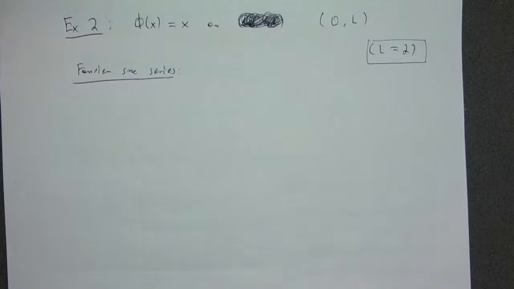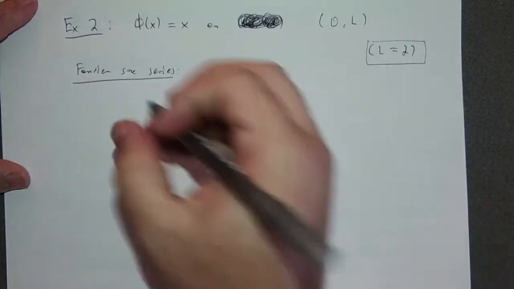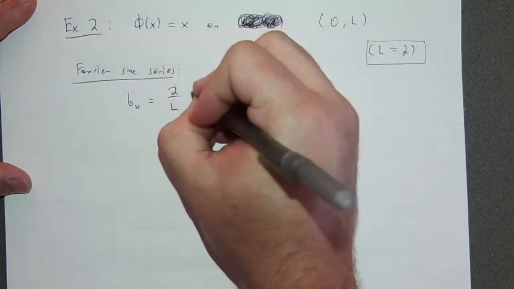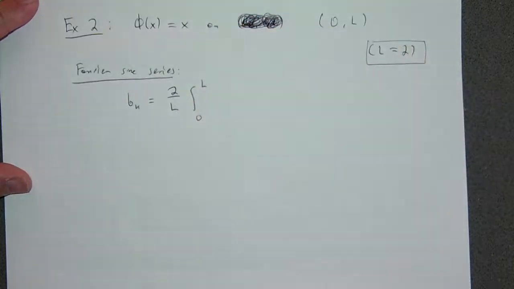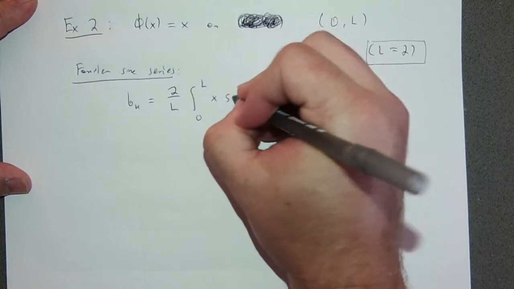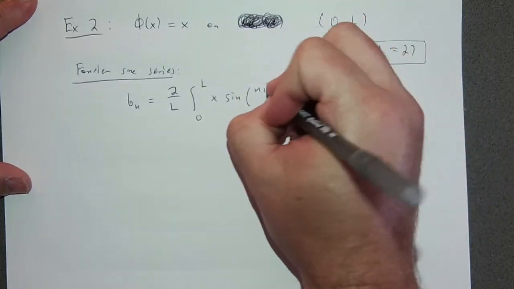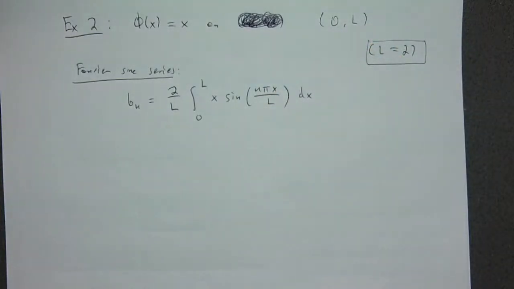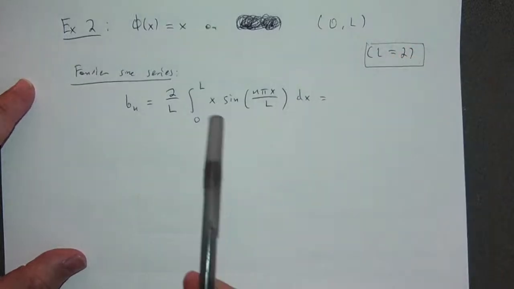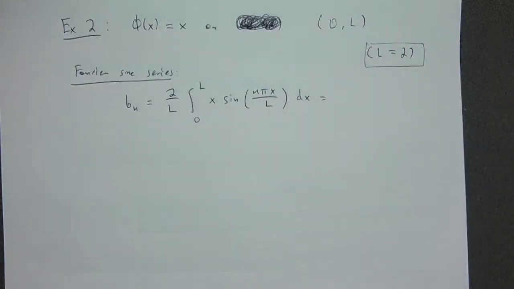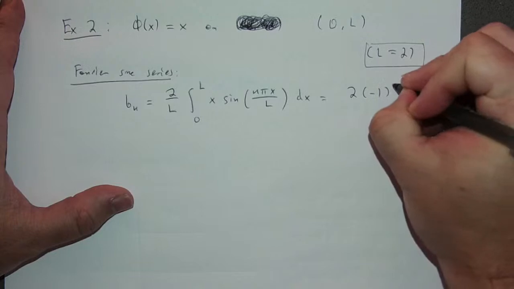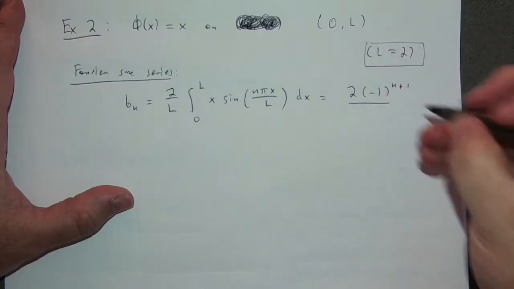Its coefficients are going to be 2 over L times the integral from 0 to L of x sine n pi x over L dx, which by direct integration, remember how you might integrate this thing, is going to be 2 times minus 1 to the n plus 1 over n pi.